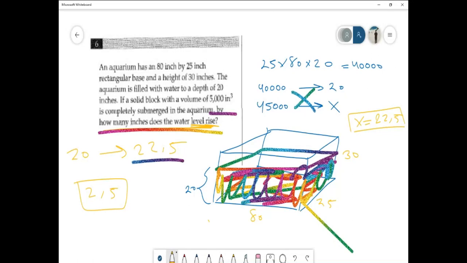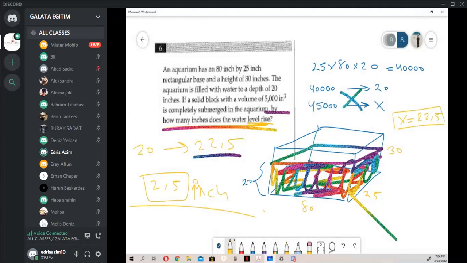It is 2.5. The answer is 2.5, not 22.5. Look at the final part of the question. By how many inches does the water level rise? By 2.5 inches.